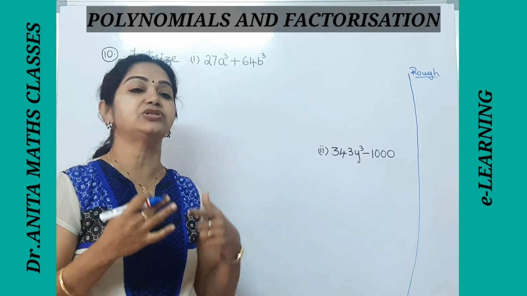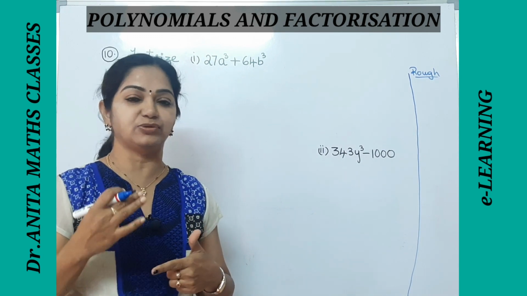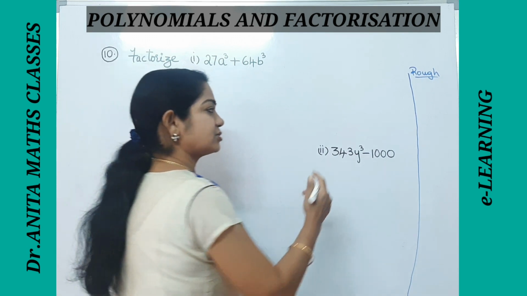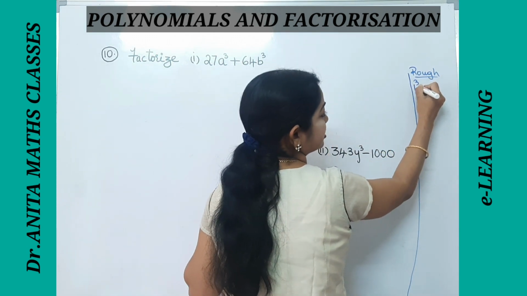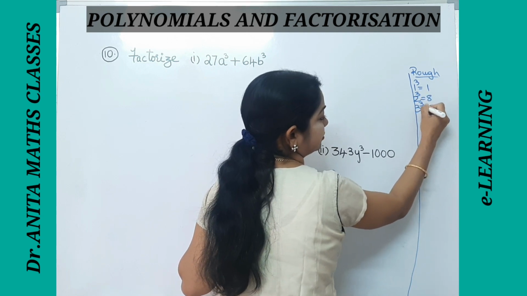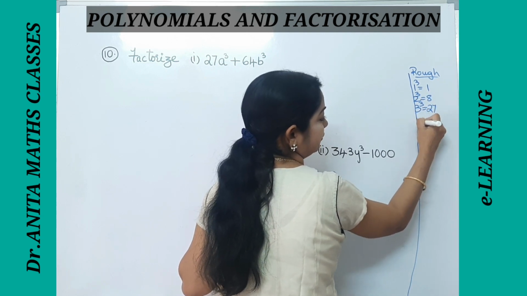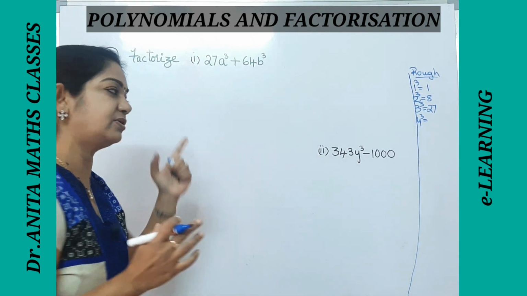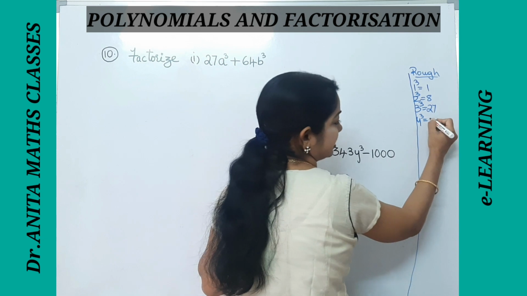You need to memorize the squares till 25 and cubes till 10. So 1 cube is 1, 2 cube is 8, 3 cube is 27. If you memorize these, it will be easy for the competitive exams and all.